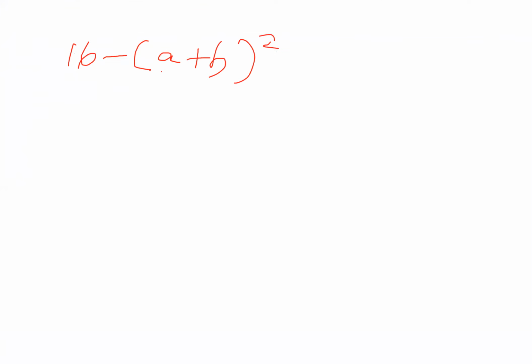Then here you can apply basic algebraic rules, because you know if we have this type of expression, a squared minus b squared, what are the factors? You can write one as a plus b, the other as a minus b.